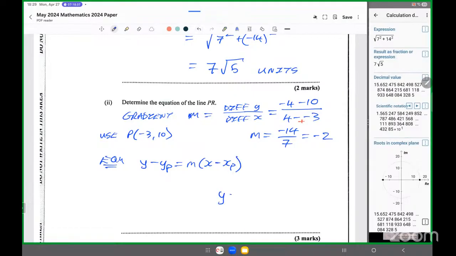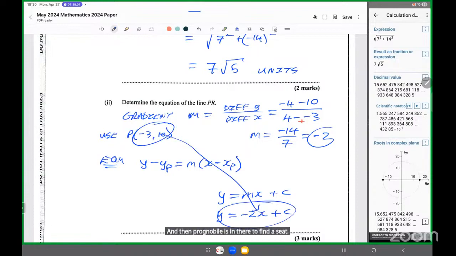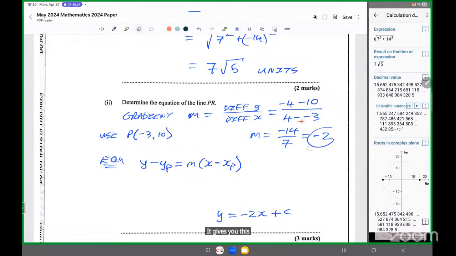Some people use y equals mx plus c. Put a negative 2 right here for the m, and get y equals minus 2x plus c, and then plug the values in there to find the c, which is okay. If you do it that way, fine, no problem. But the beauty about this one is that it gives you the equation straight away by plugging in these values.